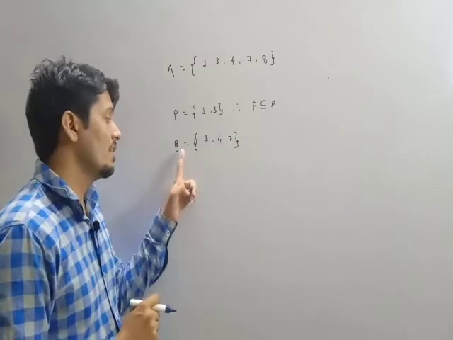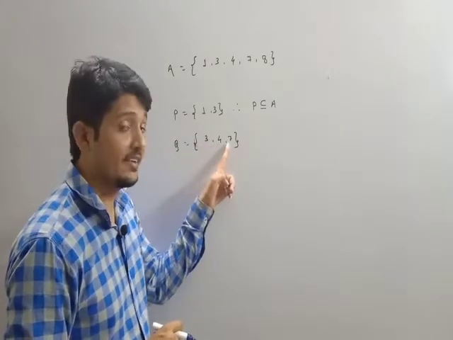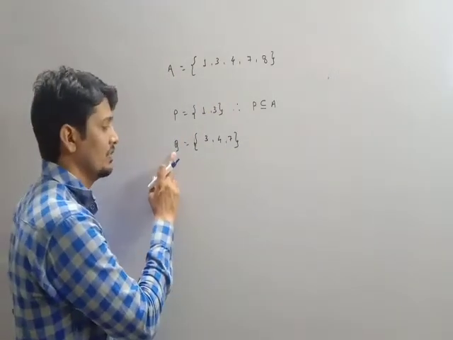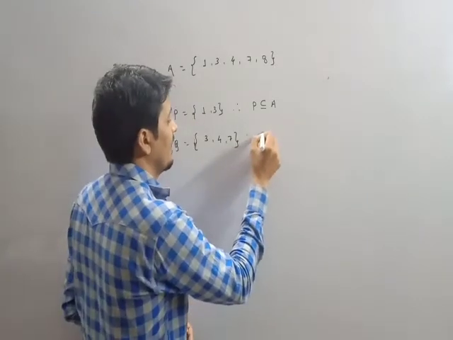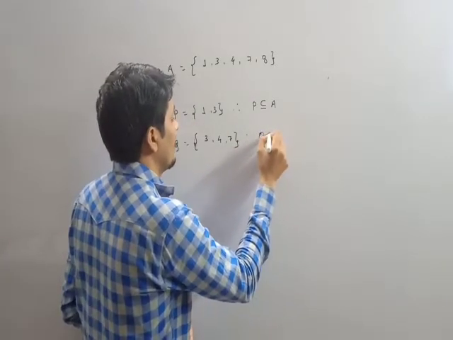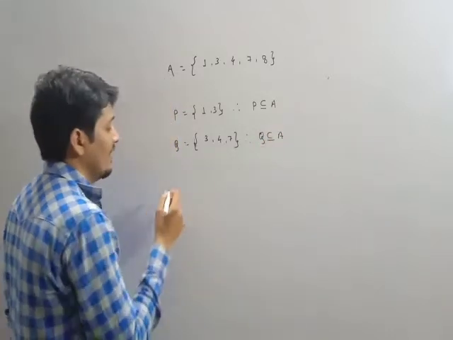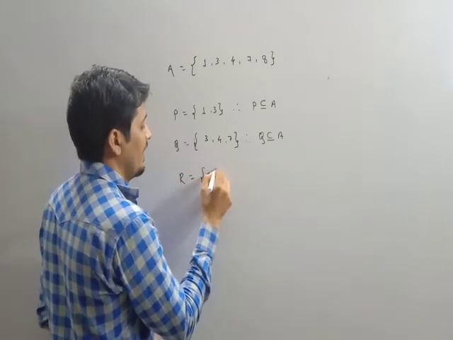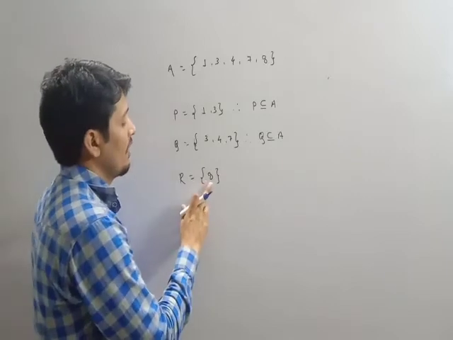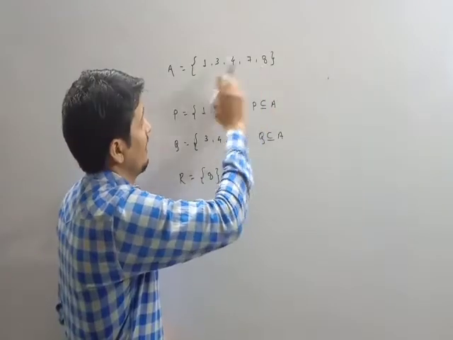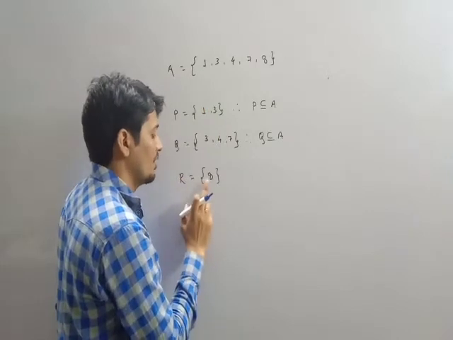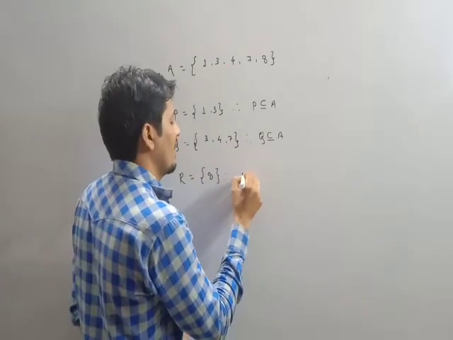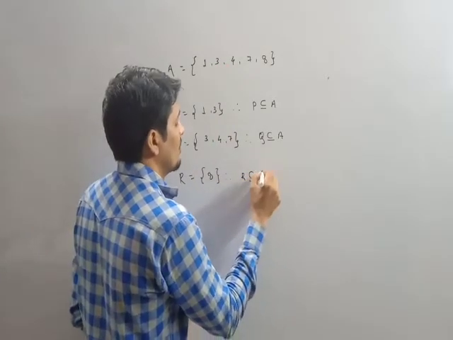So all the members of Q, that means 3, 4 and 7, are present in set A. That means set Q is also a subset of set A. Now R is the set of number 8. So this 8 is present in set A also. That means all the members of R are present in set A. Therefore we can write R is also a subset of set A.